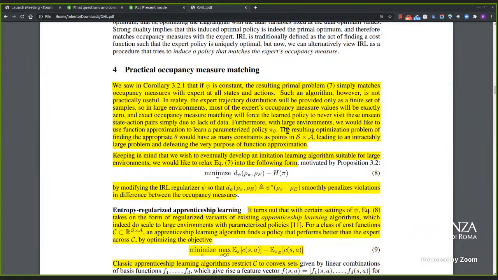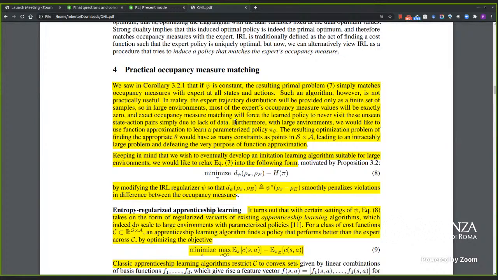If you do that instead, you are restricting your policy too much, and you don't want to do that because then you're limiting a lot what you can do. And if you have large environments, then this is leading to very bad situations because you don't have data on a big amount of state action pairs, which is problematic.